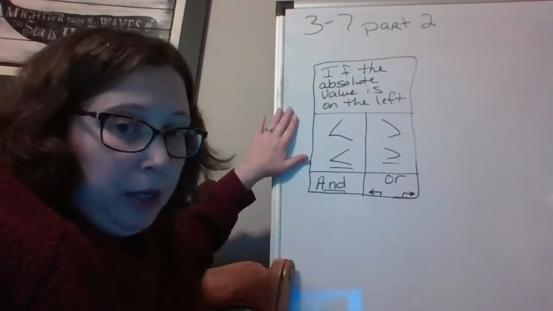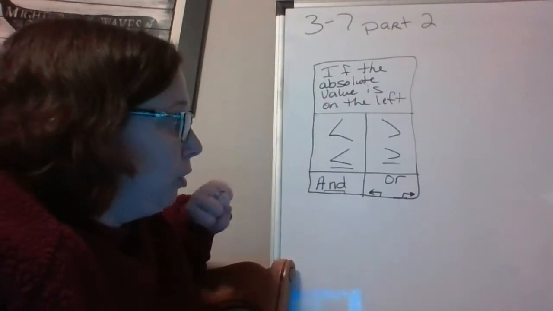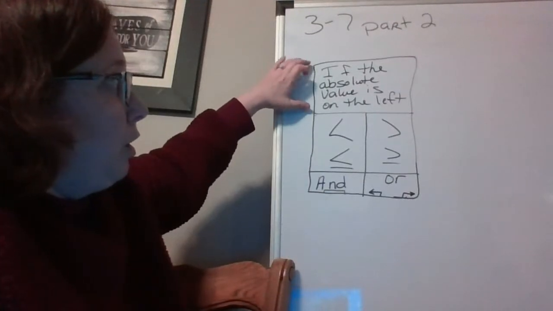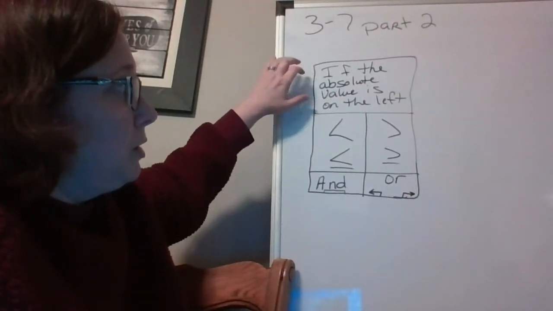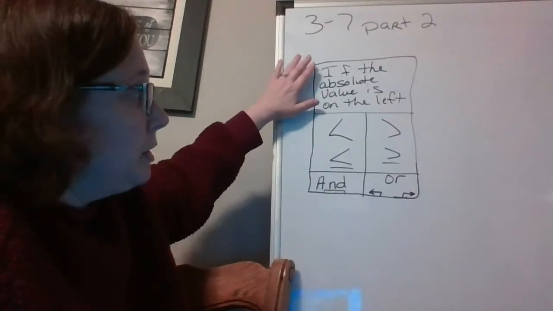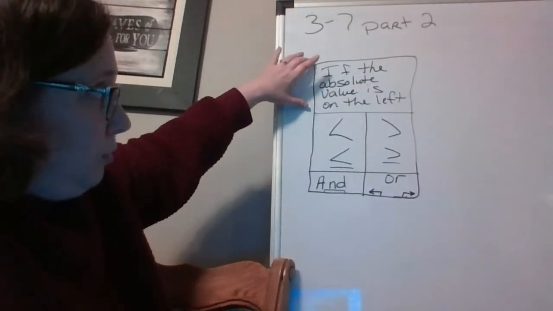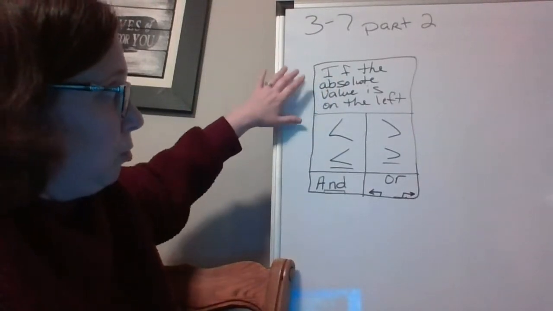I highly recommend you write this in your notes because this is going to be a lifesaver for this chapter. What it's saying is that if in our inequality our absolute value is on the left of our inequality symbol, then this is true. The absolute value has to be on the left of our inequality for this to work.